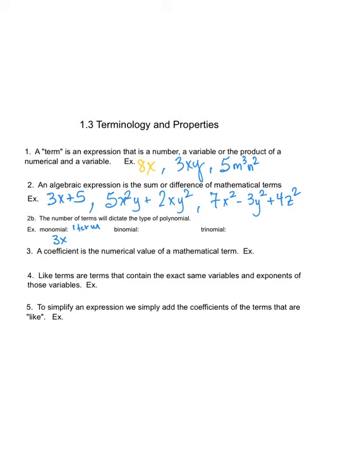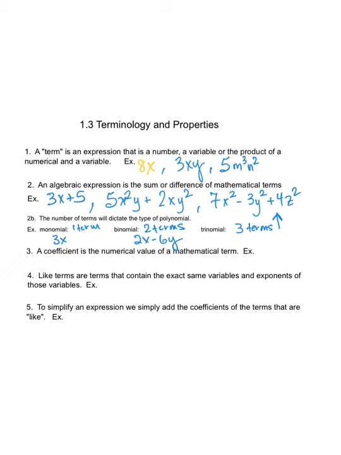If there are two terms, 2x minus 6y, it is called a binomial. And if there are three terms, like this one up here, it is called a trinomial. Shall we continue?